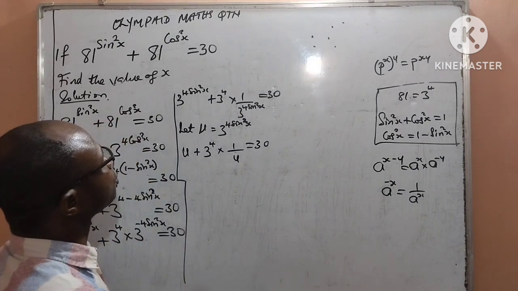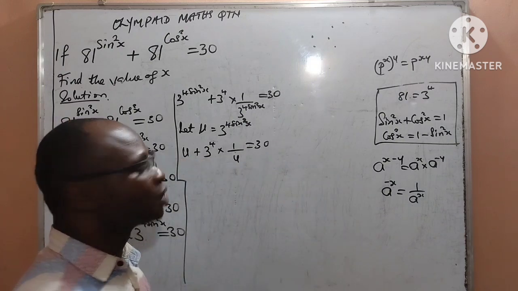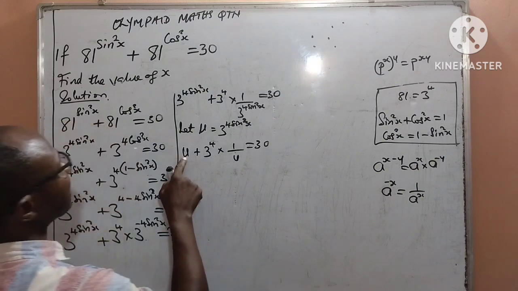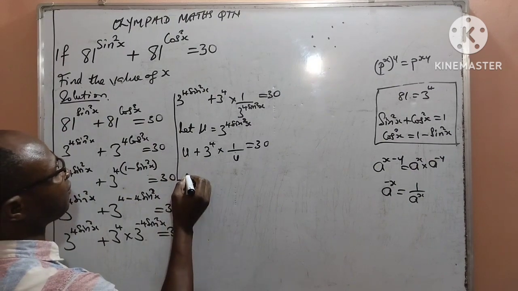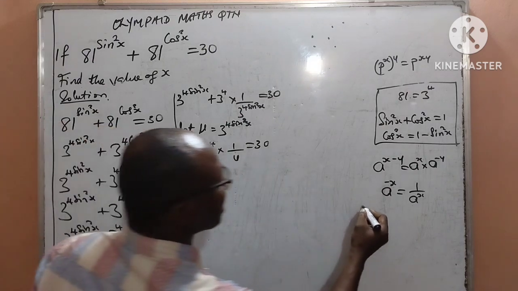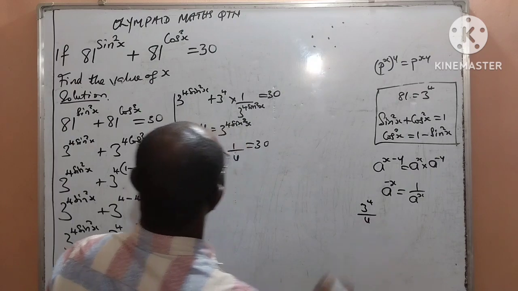Now, the next thing I want to do is to multiply everything by u so that I can get rid of this u at the denominator. Doing that here, u times u will give me u squared. This place is the same thing as 3 raised to the power 4 all over u.